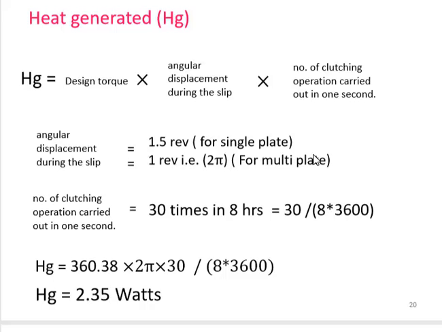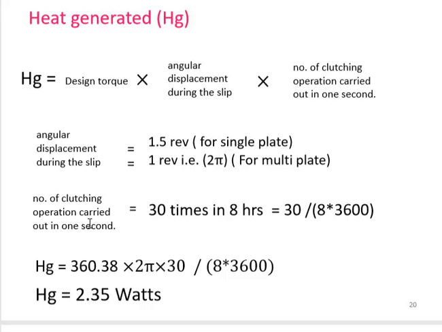Now it is understood that the angular displacement during the slip for a single plate is generally 1.5 times the revolution, and for a multi-plate clutch it is 1 revolution, that is 2 pi. So we'll be using this value to replace the angular displacement during the slip.